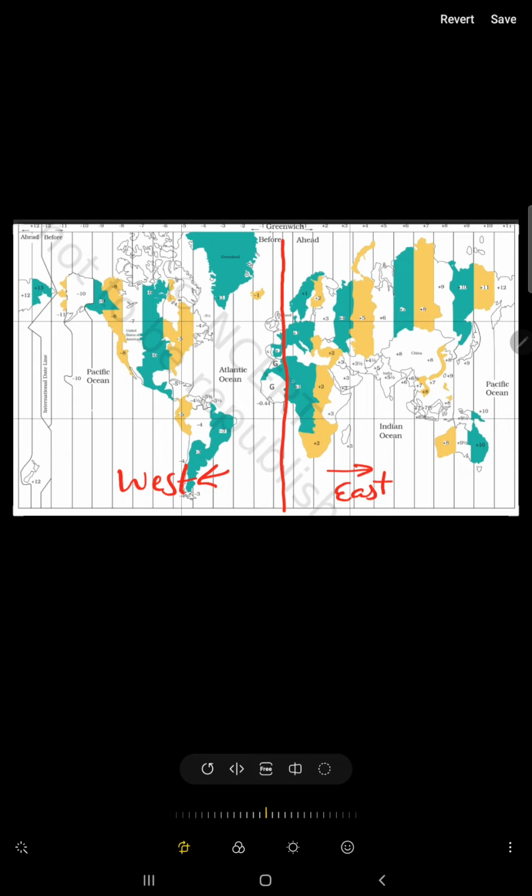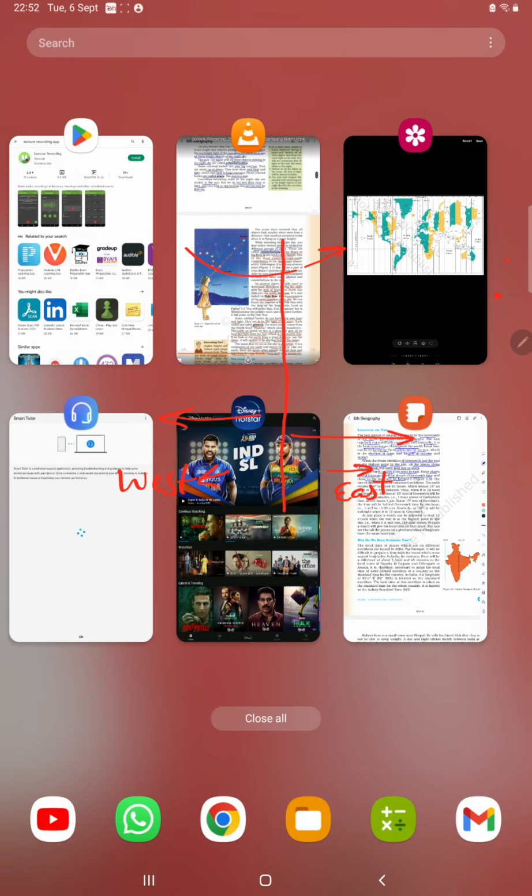Suppose, because the earth moves in a west to east direction, the sun will rise from here, so obviously this point will be the area where the sun rises first. So if this is 0, as we move to this side, time will be ahead, and on this side time will be behind. We will see how it will be calculated.